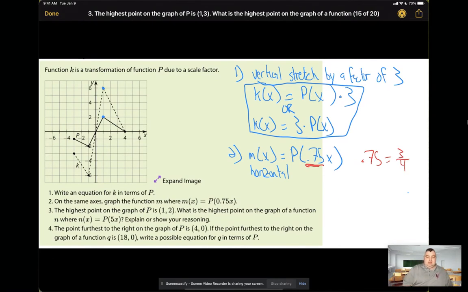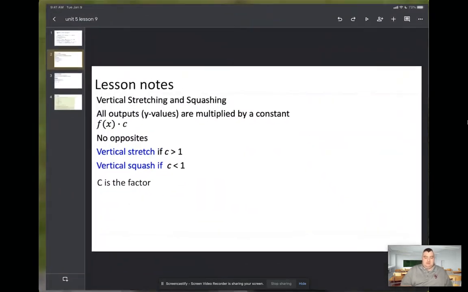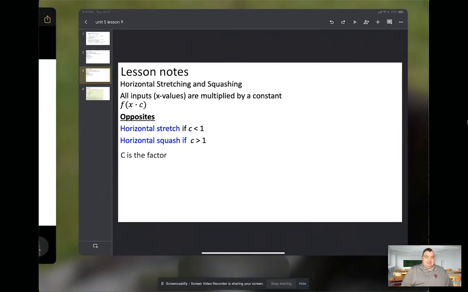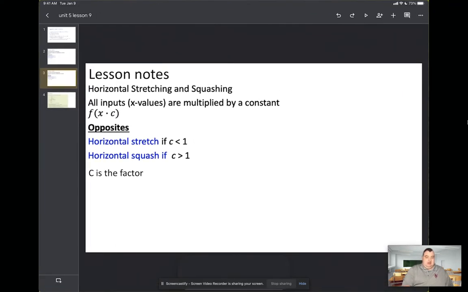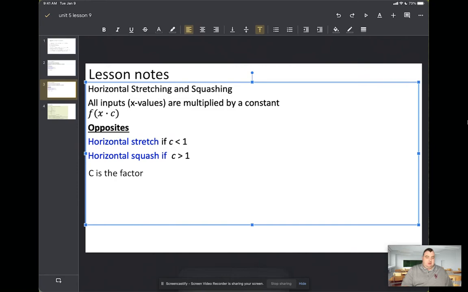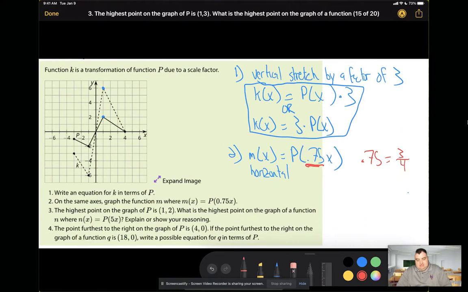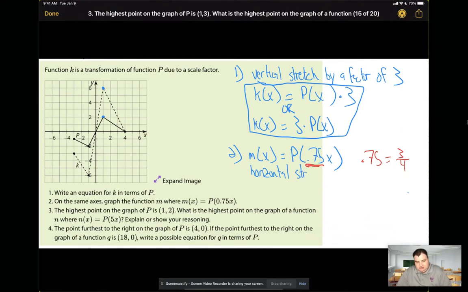Okay. So if we look back at our lesson notes on horizontal ones, we have to do the opposites. So the number that was inside the parentheses was 0.75. 0.75 is less than 1. So when that constant is less than 1, that means it's a horizontal stretch. So first things first, this is a horizontal stretch based on the lesson notes.